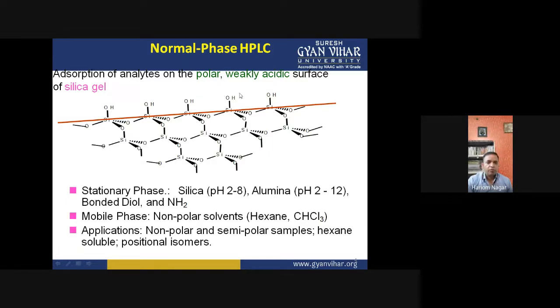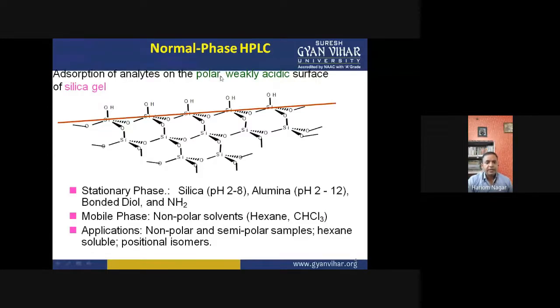If it will move in the column, then after a particular time, these analyte will elute from the column, right? Which analyte molecule will elute first depends upon their polarity.